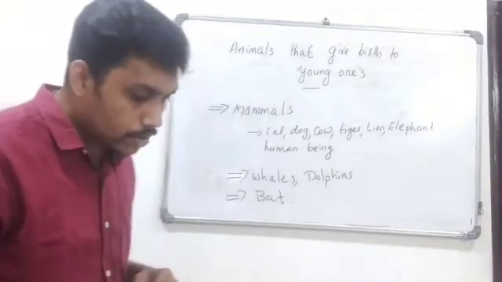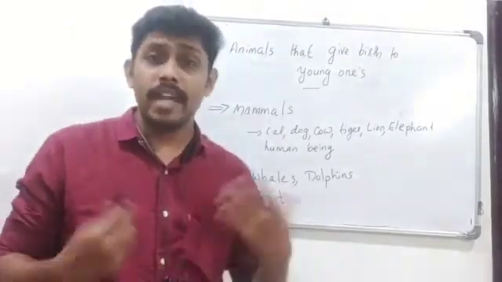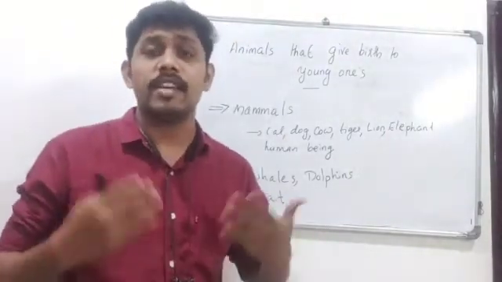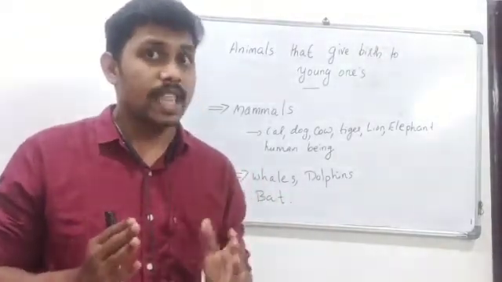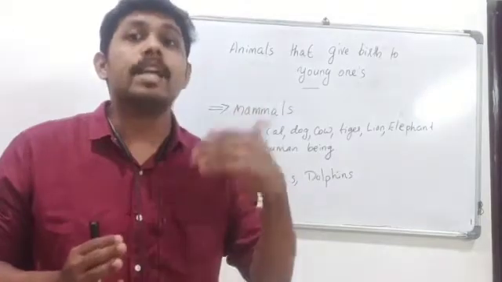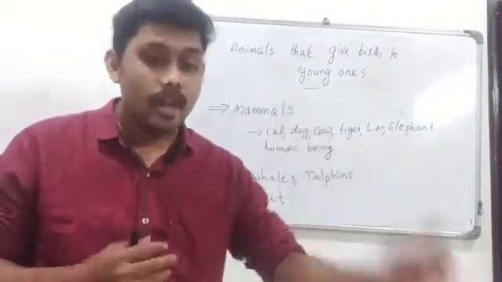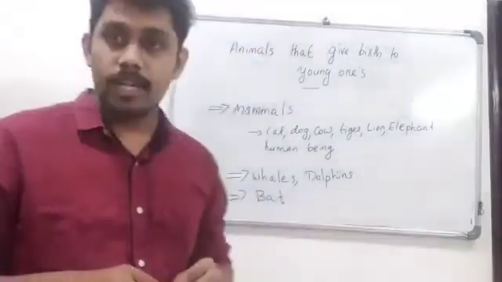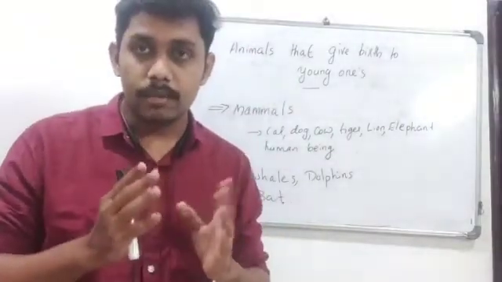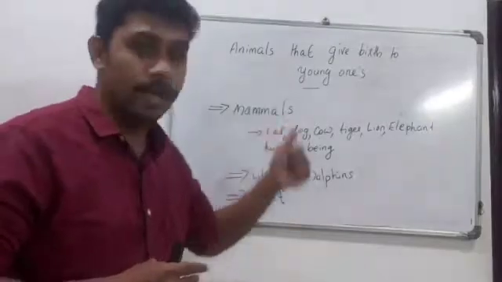So today the topic is animals that give birth to young ones. Many animals give birth to young ones, and they also feed milk. Those animals are generally called mammals.